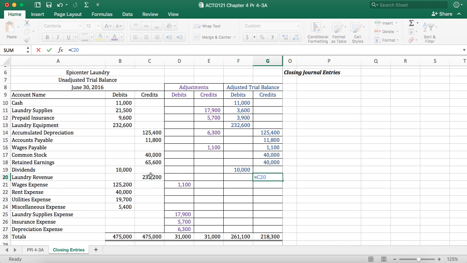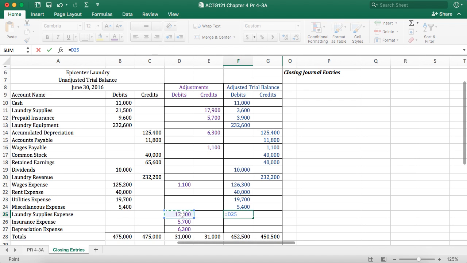So here's the revenue, there's no adjustments to it. But here's a situation where wages expense, we had a dollar amount and we have a debit adjustment. So we add those two together. Debit plus debit. Credit plus credit. If they don't match, if you have a debit and a credit, that's where you're going to have to subtract one from the other.